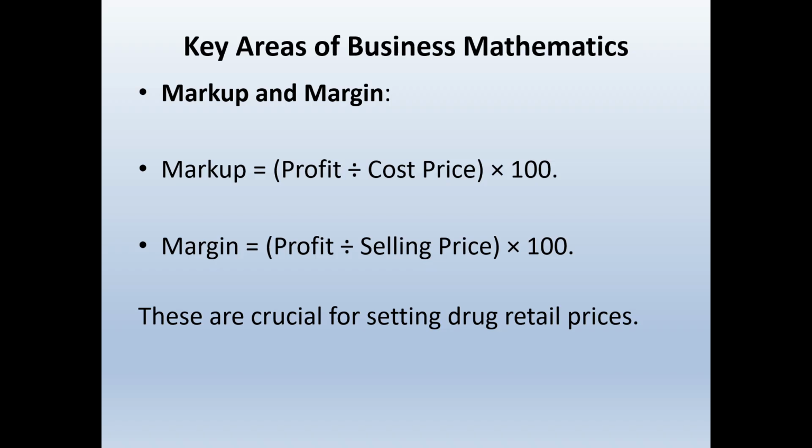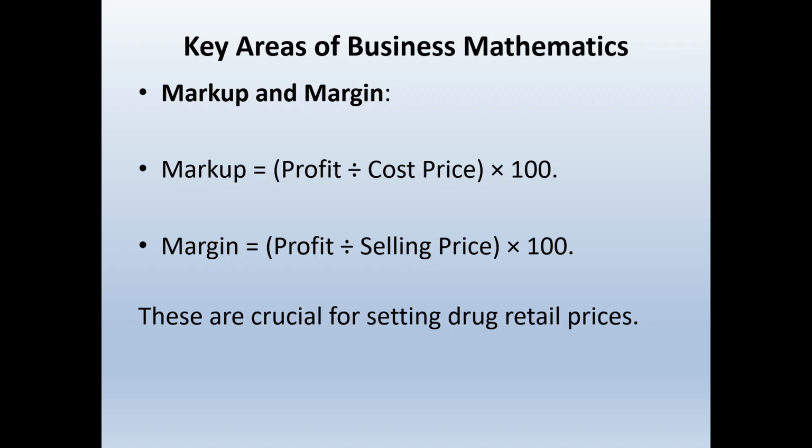Then for the markup, when you do profits divided by cost price times 100, you know exactly what you need to add to your cost price. Your cost price is fixed already.